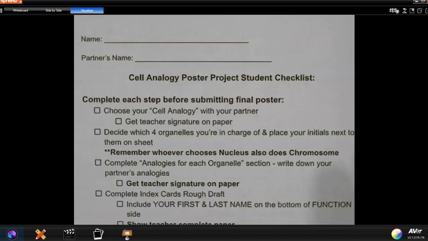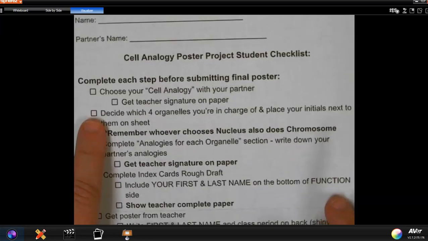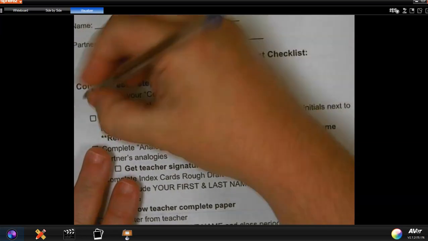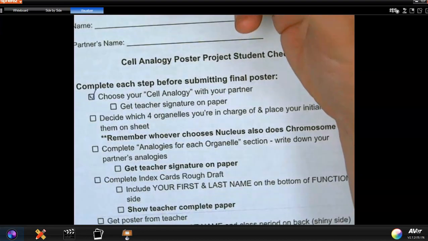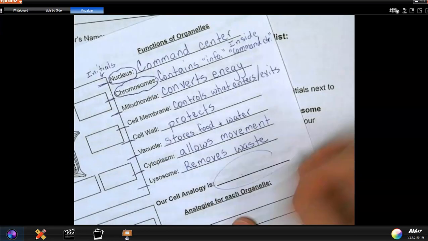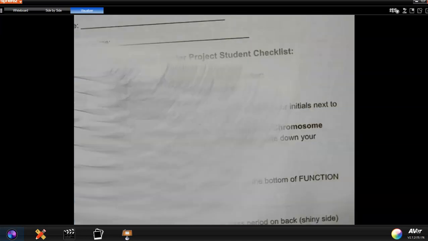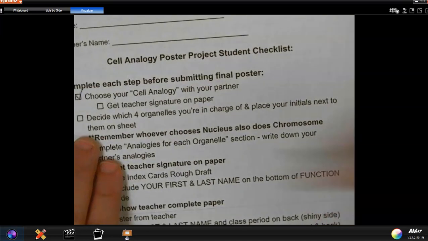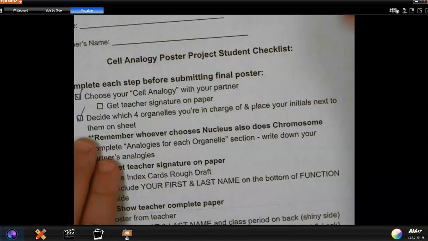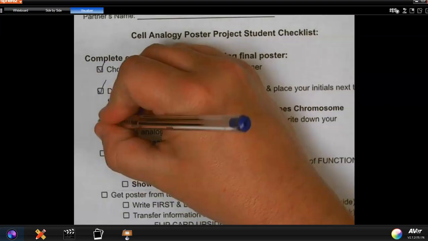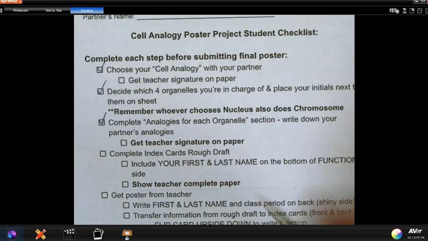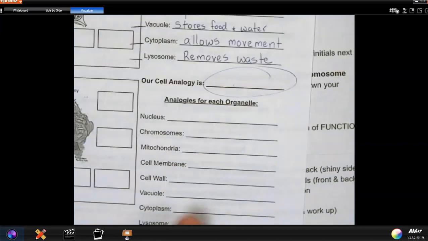You're putting your name and your partner's name, and you're basically just checking off. So far you've picked a cell analogy, which was this right here. You've decided who's going to have which organelles, and you have completed your analogies for each organelle, which is this part right here. Okay?